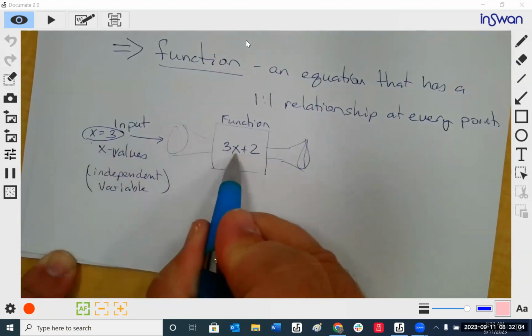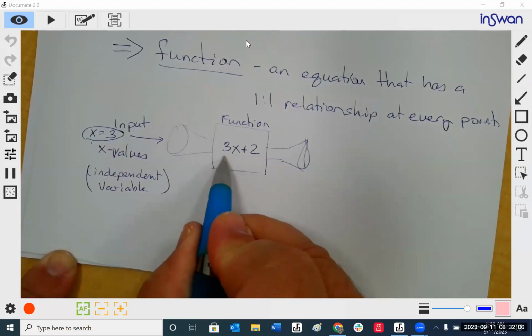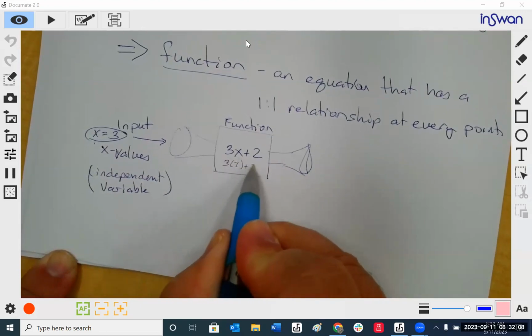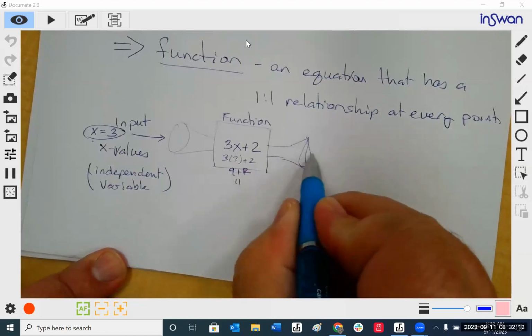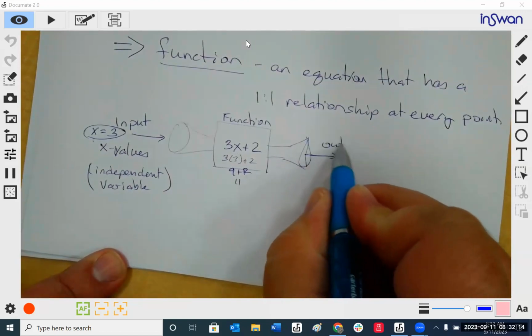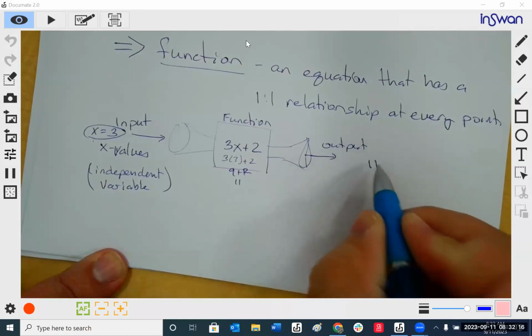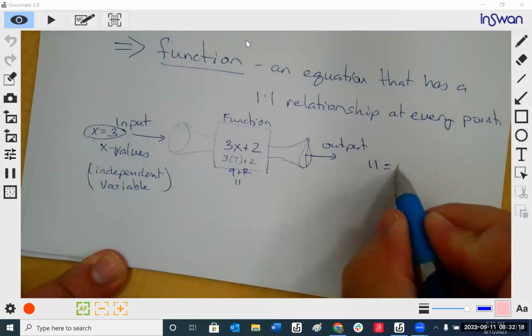In place of x, you put the 3. So 3 times 3 plus 2. 9 plus 2 equals 11. And out comes your output, which is 11. And that's what y equals.